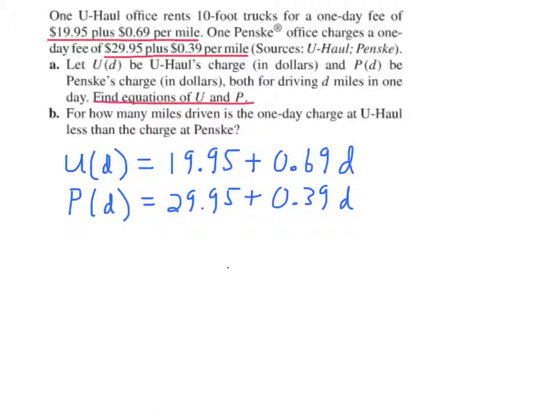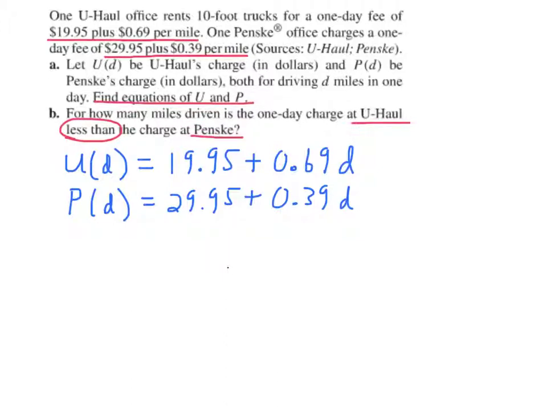Now part B says find how many miles driven is the one-day charge at U-Haul less than the charge at Penske. So the key thing here is that U-Haul is less than Penske.